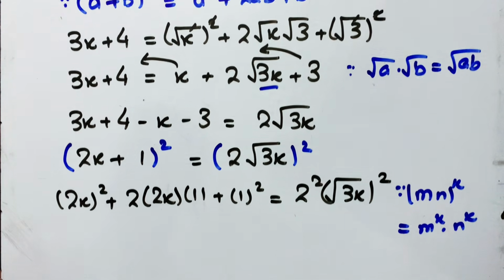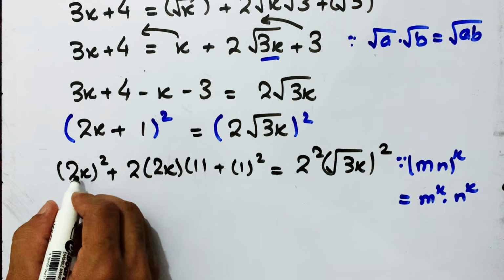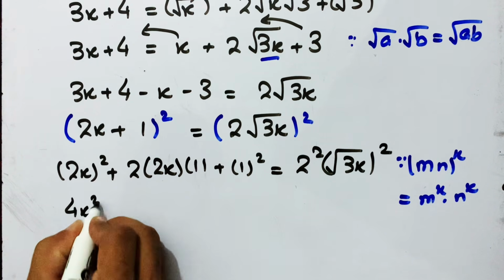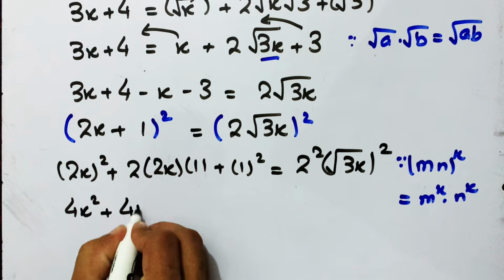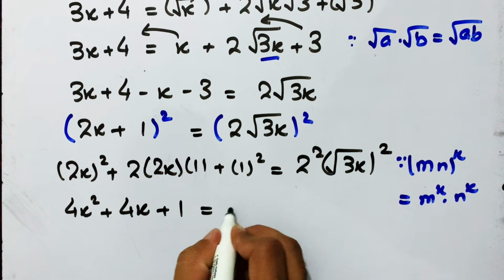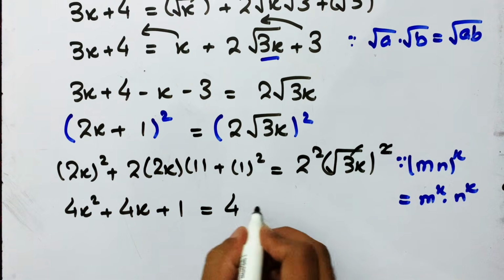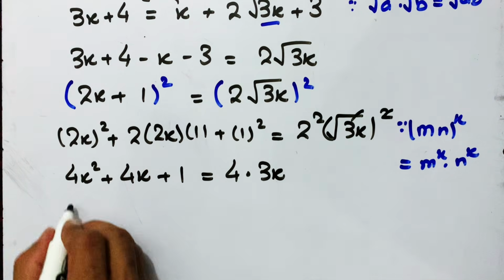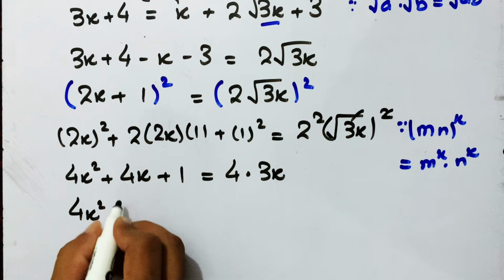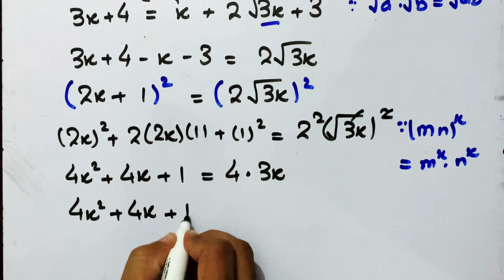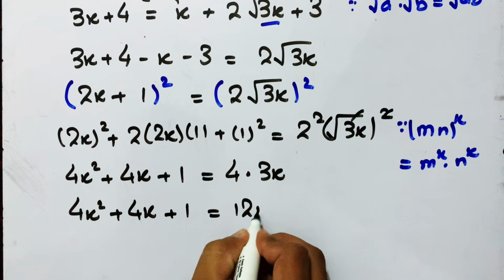So 2x squared is 4x square, plus 2 times 2x, which is 4x, plus 1, equals 2 squared, which is 4, times 3x; the square and square root cancel. So 4x square plus 4x plus 1 equals 12x.